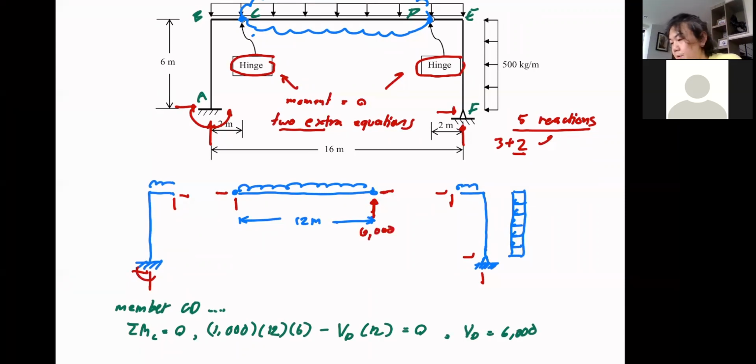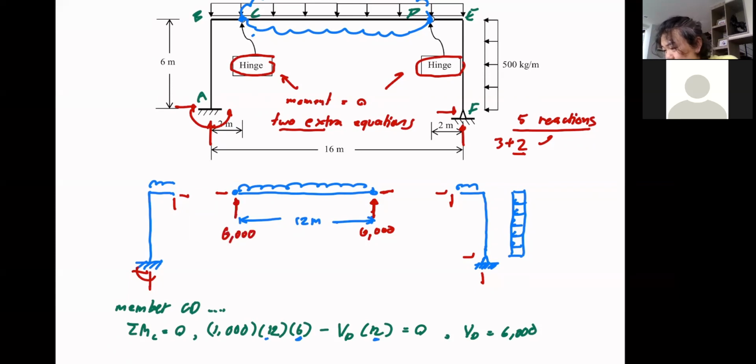Okay. So the total load is simple enough. You have the length of 12 here, and when you take moment, one is 6, one is 12. So if that's 6,000, simple enough by inspection.